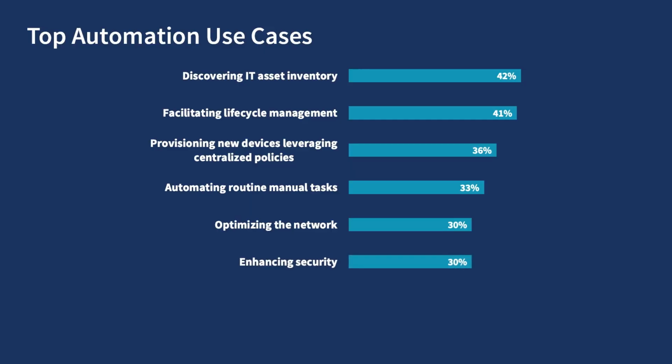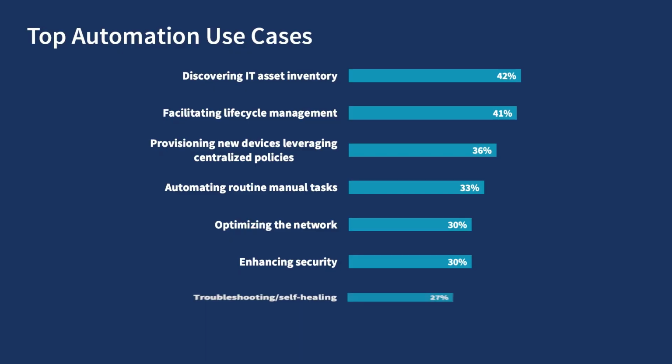Enhancing security is another area that organizations are taking advantage of automation for. Given that it's a top challenge in multiple domains, it would make sense this is an area of concern as well, especially when an anomaly is detected and steps need to be taken to isolate devices or services. Troubleshooting or self-healing? This is absolutely an area that can provide significant benefit to organizations, but again, the operations teams need to be confident that the automation will indeed fix the problem and not make it worse.